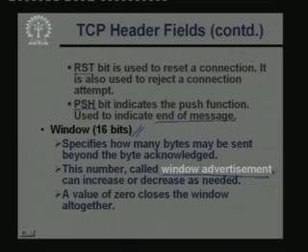So, if the value of this window field is set to 0, this means the window will be closed altogether, that means the data transmission will stop. Now, this window field is actually used for congestion control in the network.